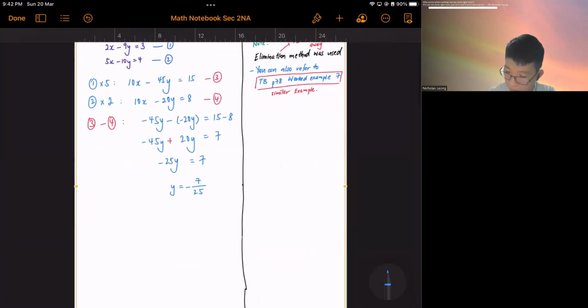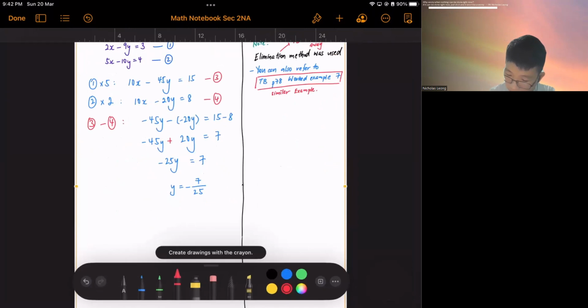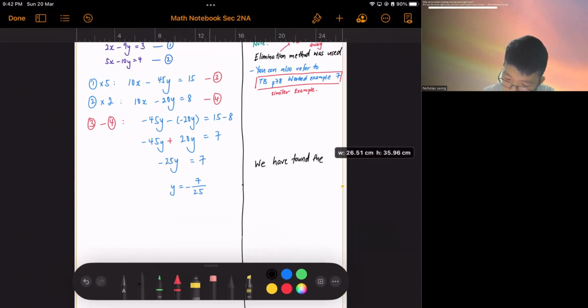Once you have found the value of y, let me write down the notes here. We have found the value of y.